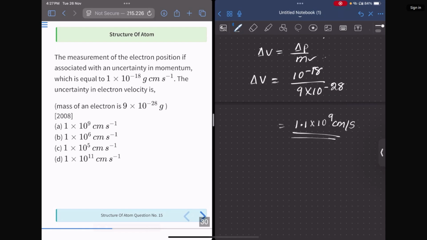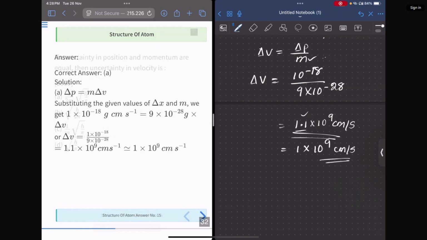So the uncertainty in velocity of that electron, with an uncertainty in momentum of 1 into 10 to the minus 18, will be 1.1 into 10 to the power 9 centimeter per second. But in these four options, there is no 1.1 into 10 to the 9, so we'll go to the nearest one. So it becomes 1 into 10 to the 9 centimeter per second. Okay, so option A will be the correct answer.